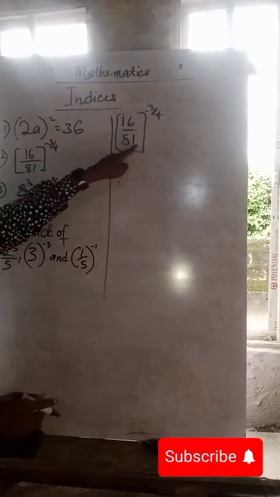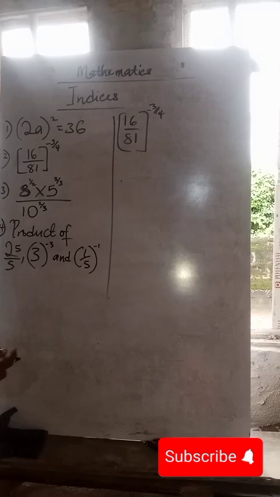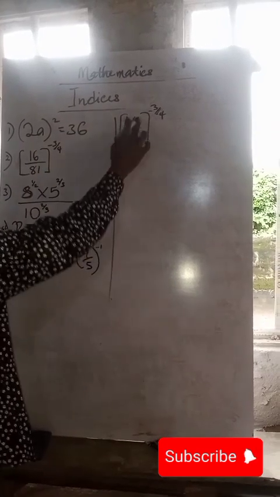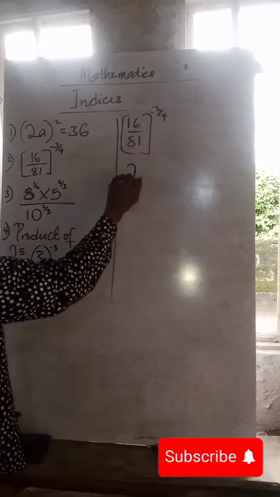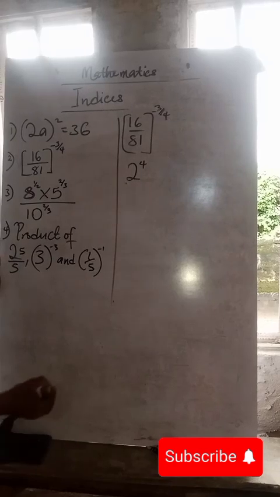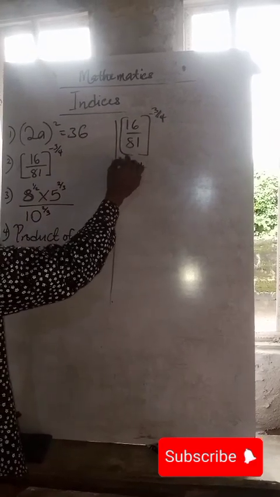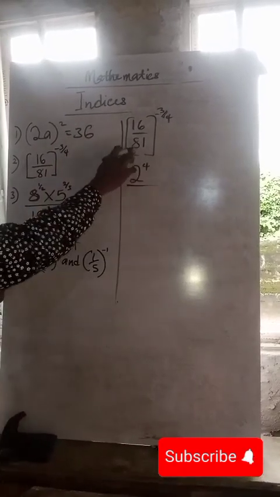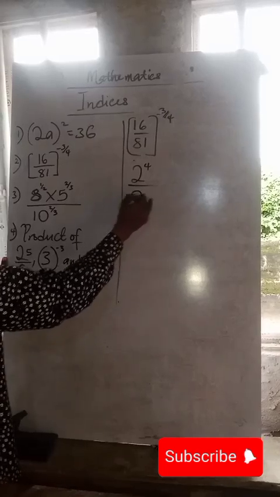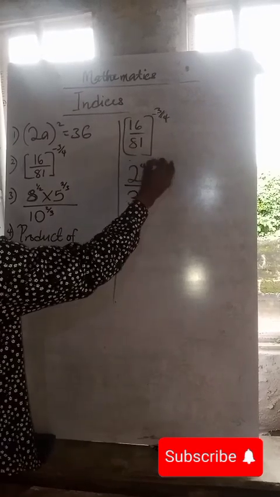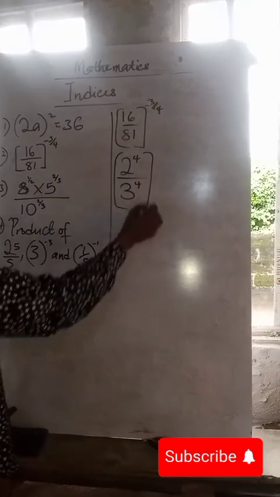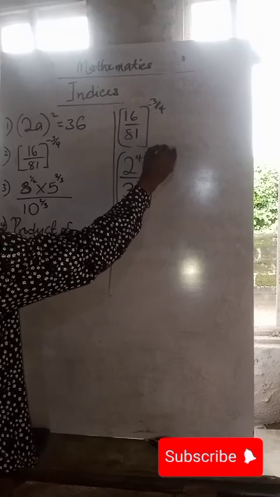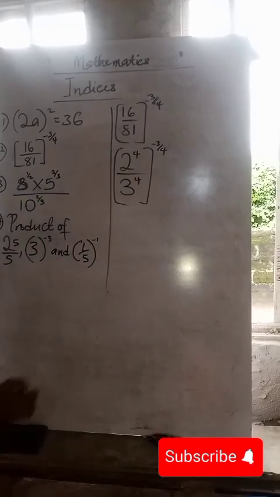Quickly, we turn these two values to index form. 16 in index form is 2 raised to the power of 4. We open our brackets, we still do that to 81. 81 is 3 raised to the power of 4, all to the power of minus 3 over 4.